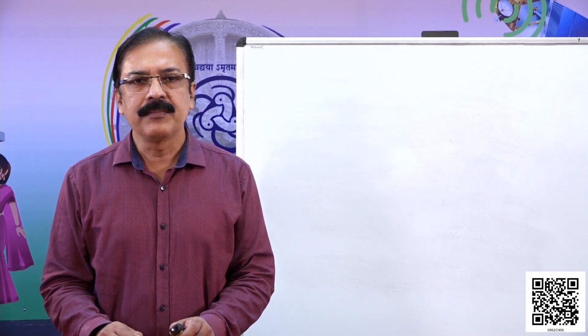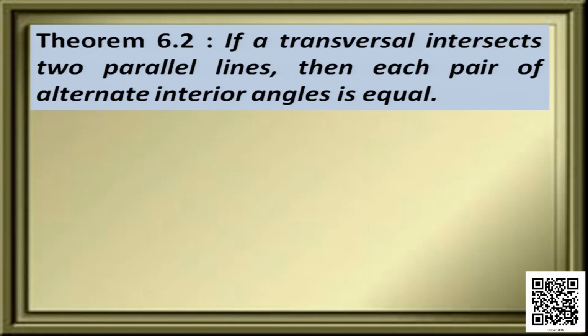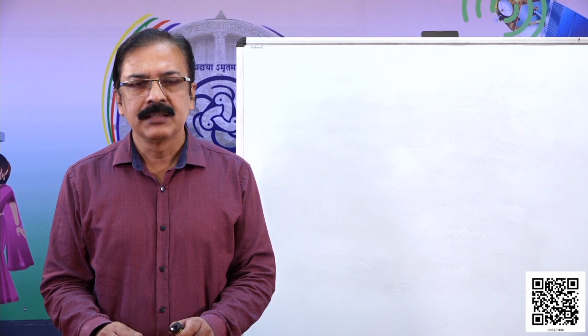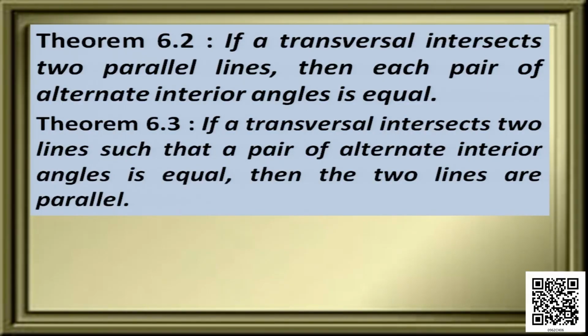One of them is: if a transversal intersects two parallel lines, then each pair of alternate interior angles is equal. And its converse is: if a transversal intersects two lines such that a pair of alternate interior angles is equal, then the two lines are parallel.